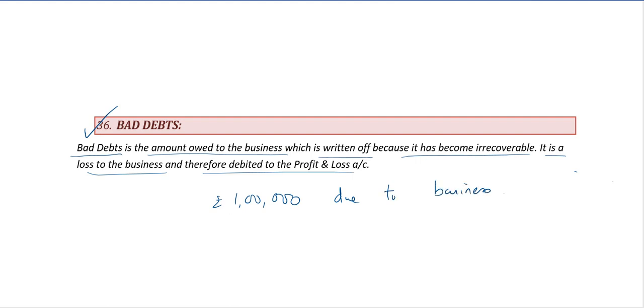Due to some reason, let's say the business will not be able to recover the 1 lakh. Then this rupees 1 lakh will be written off as bad debt. And this amount will be debited to the profit and loss account, showing that it is a loss to the business.